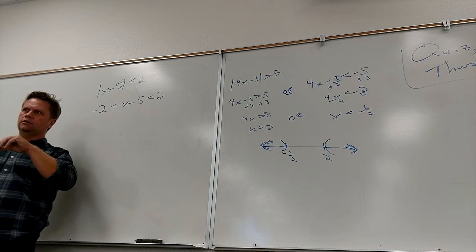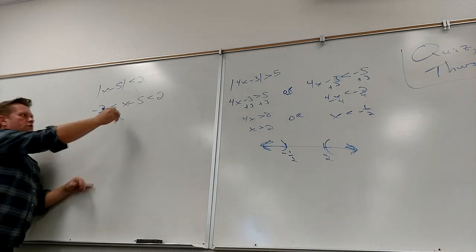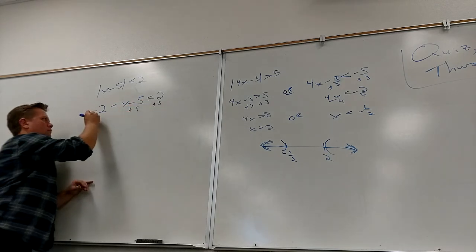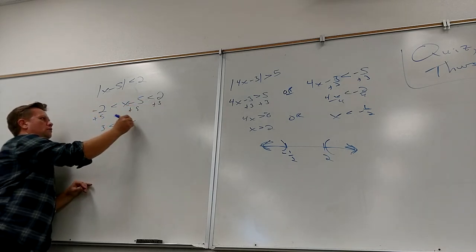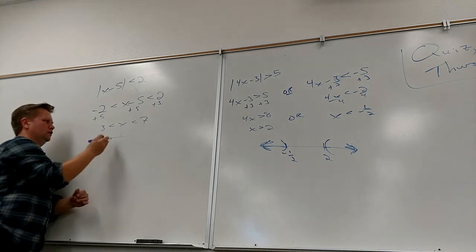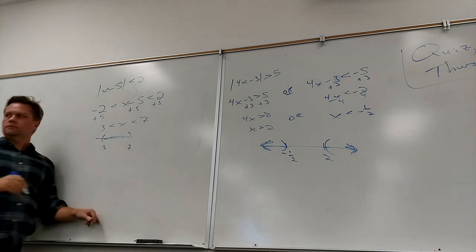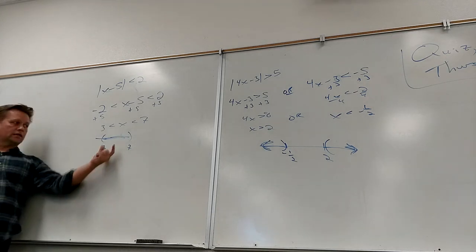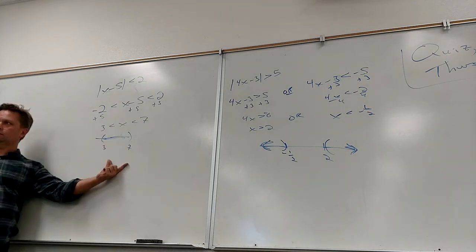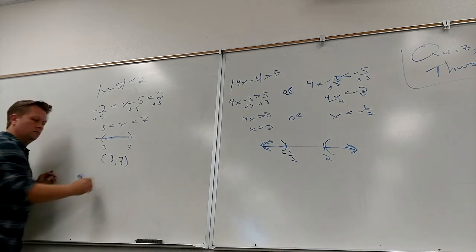I like it. Okay. And then you're done. So what's that look like visually? 3 to 7. And then that's basically what it looks like, plus interval notation. 3 to 7. Bam.